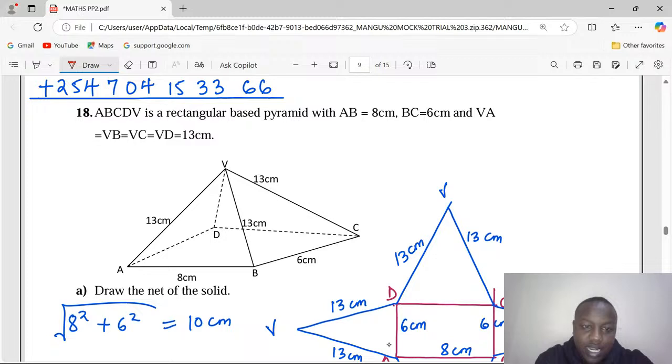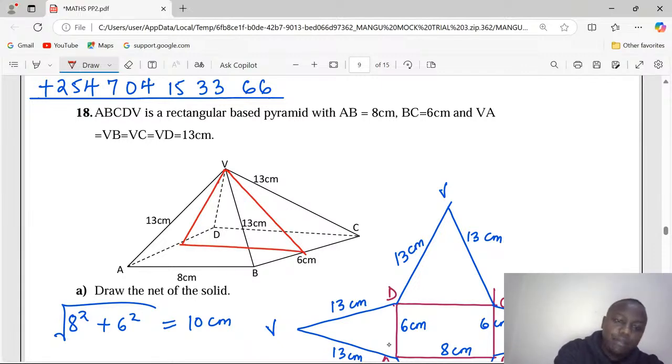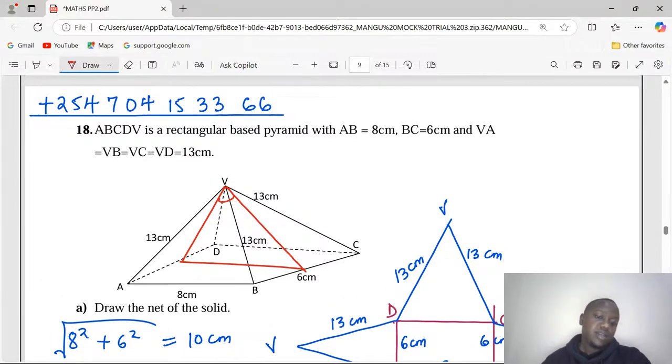VBC is the plane here, then VAD is also the plane on the other side. The angle between these two planes is the angle at their mid, the angle up here, because the two planes are meeting at the vertex V. So the angle between them will be the big angle here.